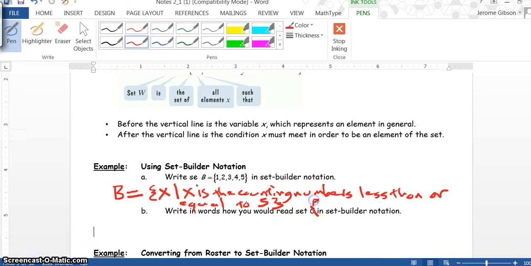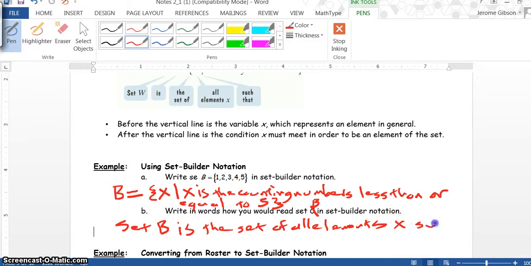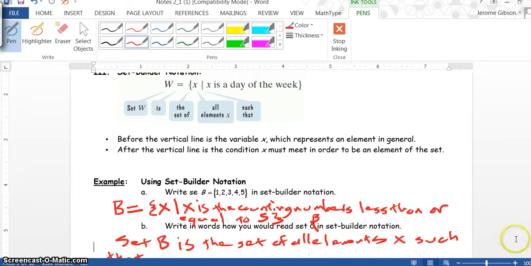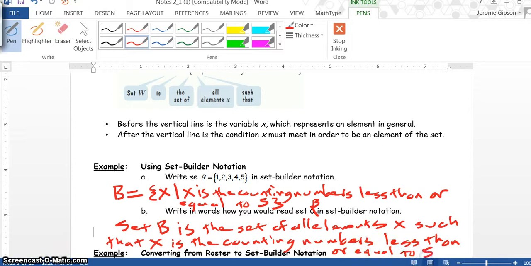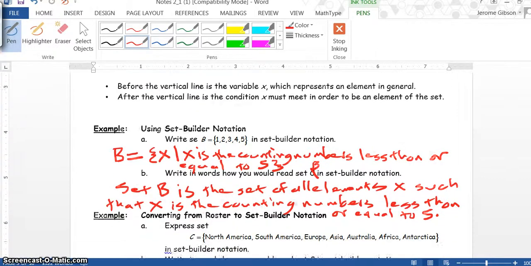This C should actually be B. So we will write down set B is the set of all elements X such that X is the counting numbers less than or equal to 5. And that's how you would write it out in words.